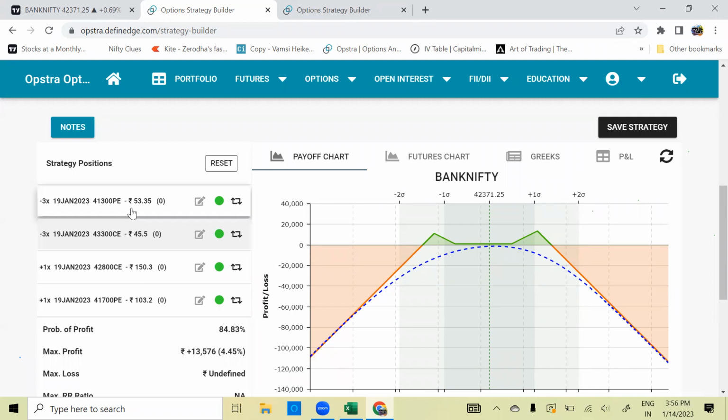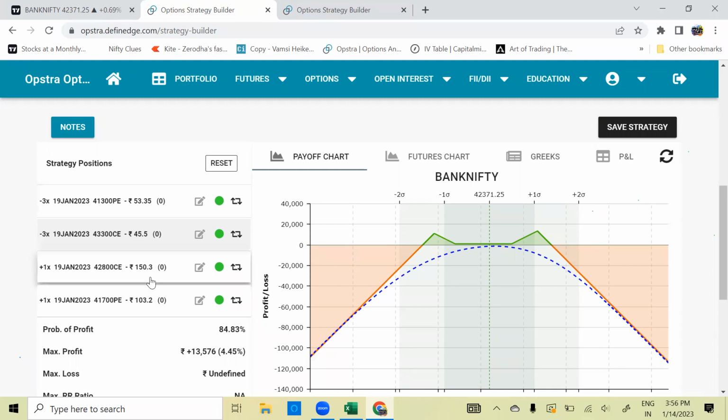In the other 2 lots also, this 42,800 CE can handle 2 lots. Whatever profit we gain from the 42,800 call, if the market is going upside, it will support the 2 lots of losses from 43,300, because it is at 150 rupees.